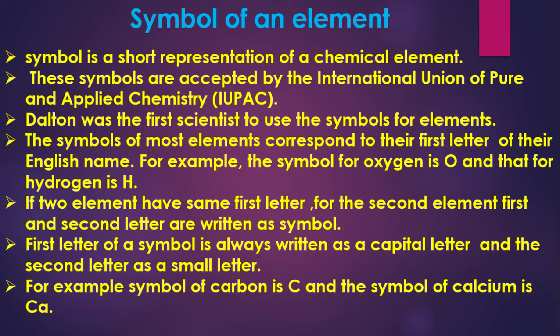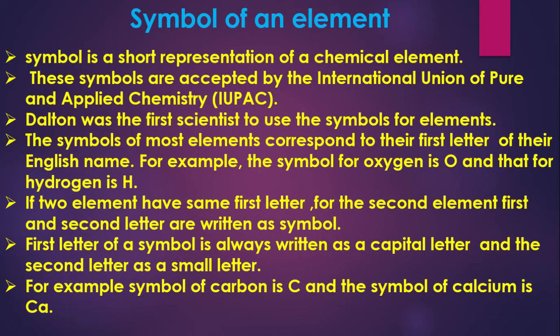If two elements have the same first letter, for the second element, the first and second letters are written. The first letter of the symbol is always written as a capital letter and the second letter as a small letter. For example, the symbol of carbon is C and the symbol of calcium is Ca.